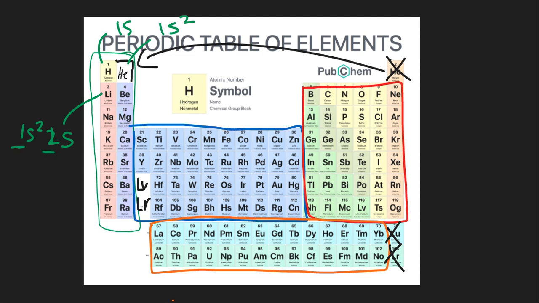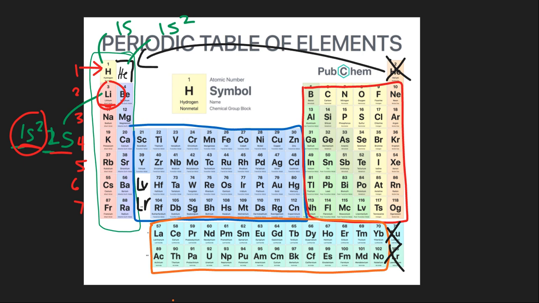These numbers actually come from the level inside the periodic table. So we have 1, 2, 3, 4, 5, 6, and 7. So in the first level, we have all the electrons, that's 1s2. And then in this one, you only have one electron, so that's why this is a 2s1.